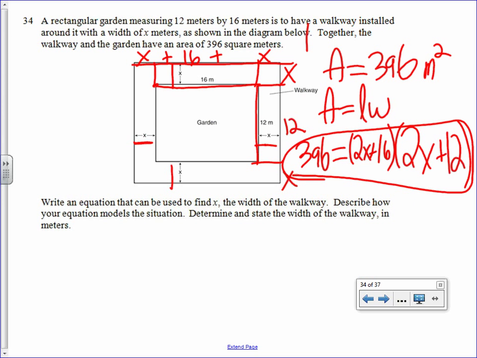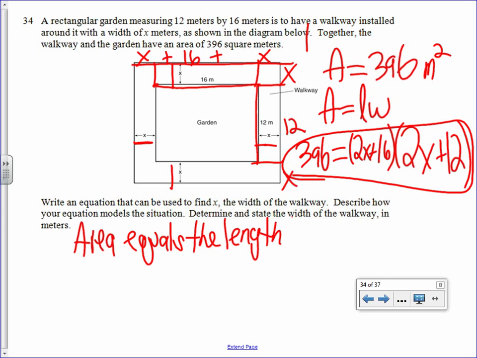Describe how your equation models a situation. Area equals the length times the width.